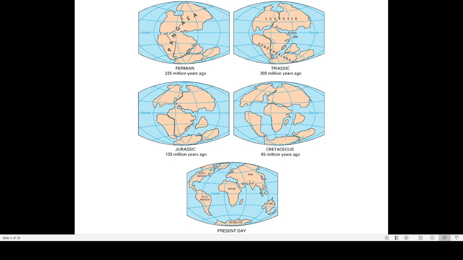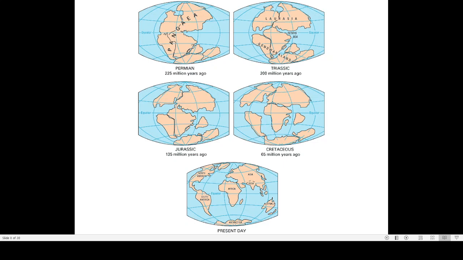The western border of Africa and the eastern border of South America are very tightly packed, like a jigsaw puzzle. If you move South America to the east, it can be placed very correctly with Africa. That is one strong piece of evidence in support of that.